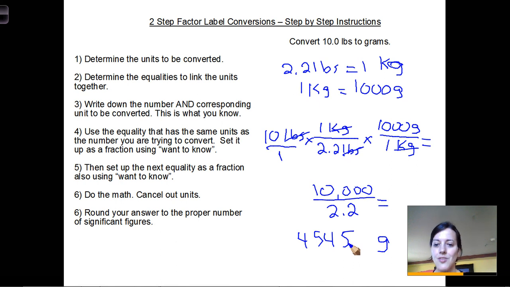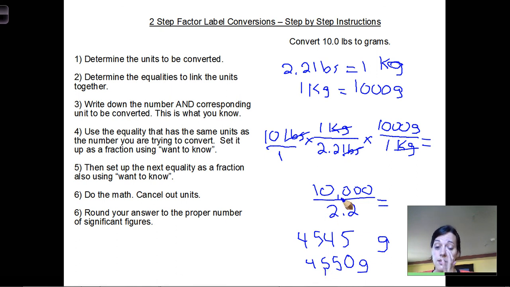As this number is 5, we're going to round up, so we are going to round this number to 4,550, no decimal spot, grams. The decimal spot is absent, so we would read from right to left. Ignore the non-zero digits that are leading. 1, 2, 3 significant digits, just to check our work.